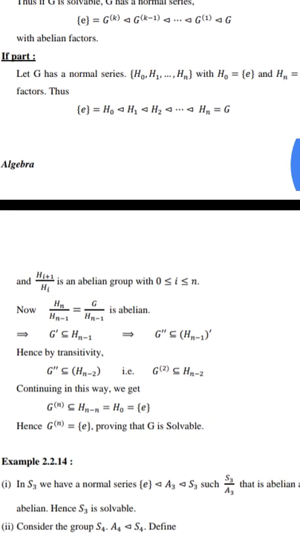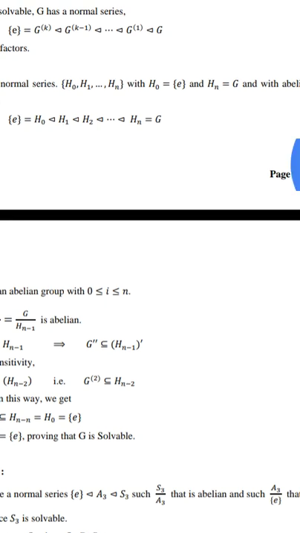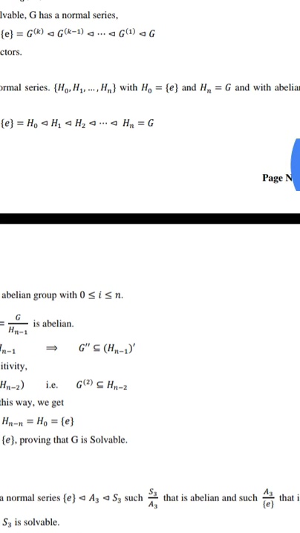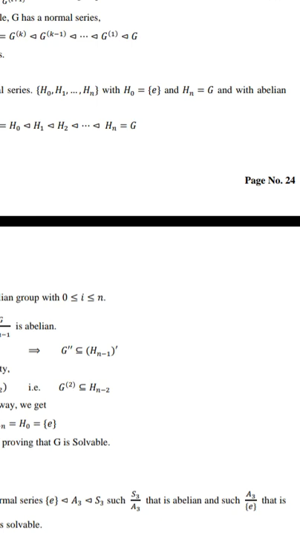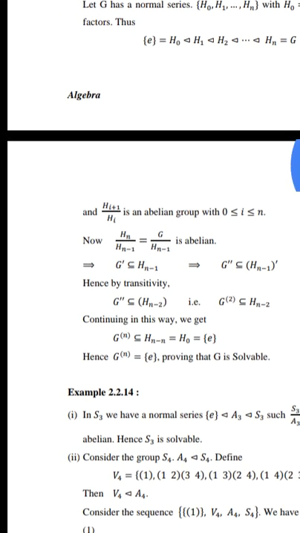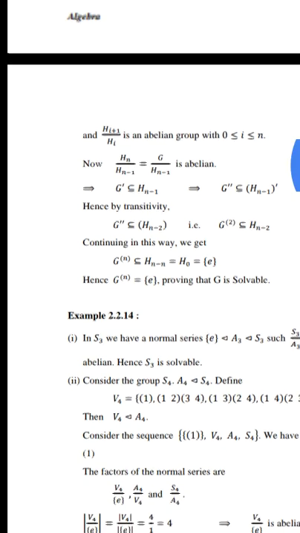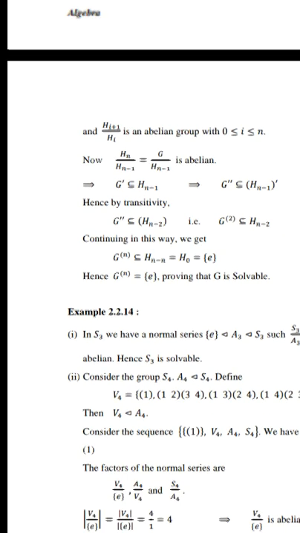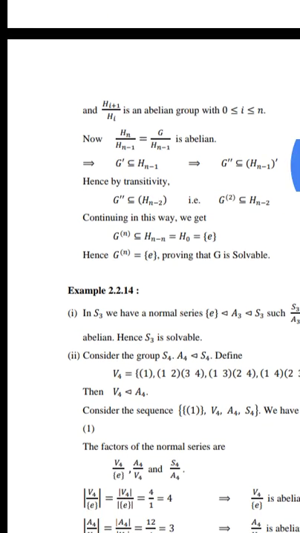Thus singleton E is equal to H0, normal in H1, and so on, Hn is equal to G, and Hi plus 1 divided by Hi is an abelian group for 0 less than or equal to i less than or equal to n. Now we have to prove that G is soluble. Since Hn divided by Hn minus 1, which is G divided by Hn minus 1, is abelian, that is, G dash is a subset of Hn minus 1.